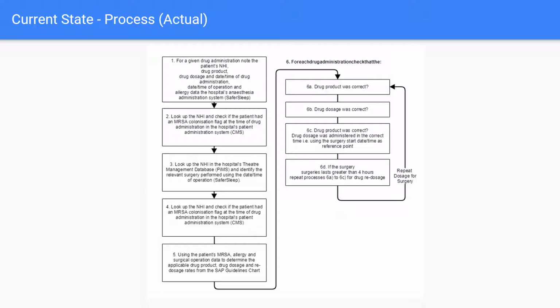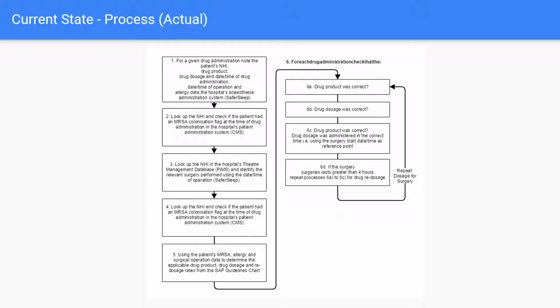Also use this to find out the date and time of the operation and any allergy data in the hospital's anesthesia administration system. At DHB, it's called Safer Sleep. They would then look up the NHI and check if the patient had an MRSA flag at the time of drug administration in the hospital's patient administration system, CMS.